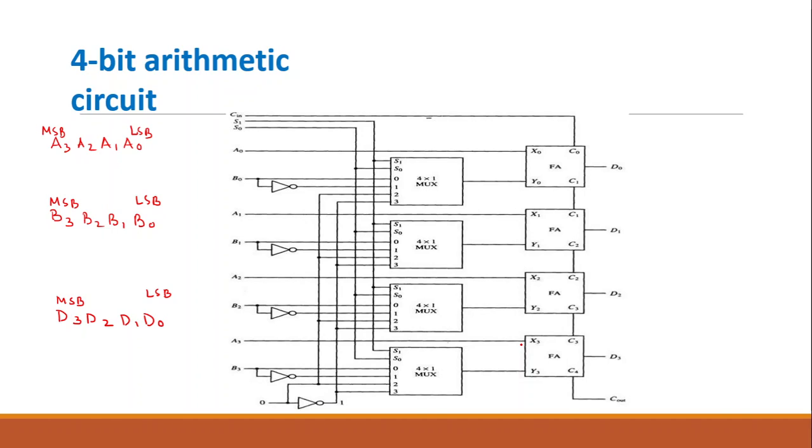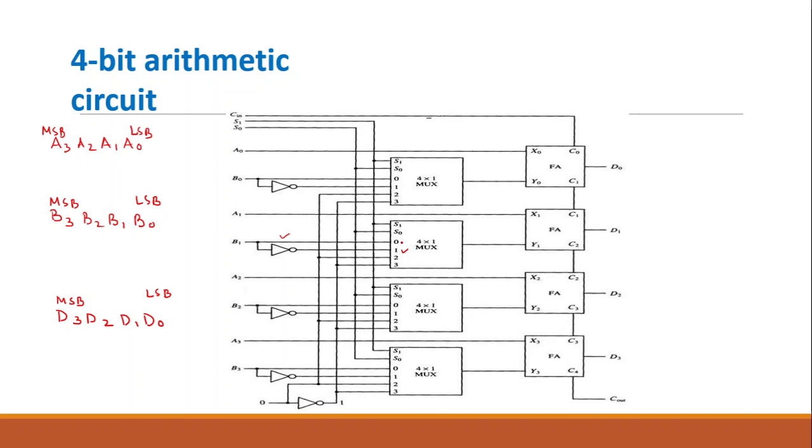Each of the 4 inputs from B is connected to the data inputs of the multiplexer. These inputs are connected to the inputs of the multiplexer. The multiplexer's data inputs also receive the complement of B. This is B, and this will be B complement.